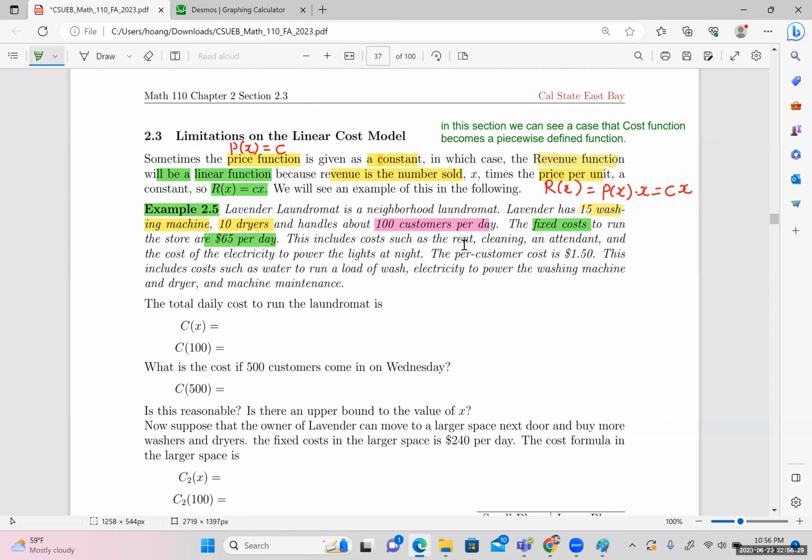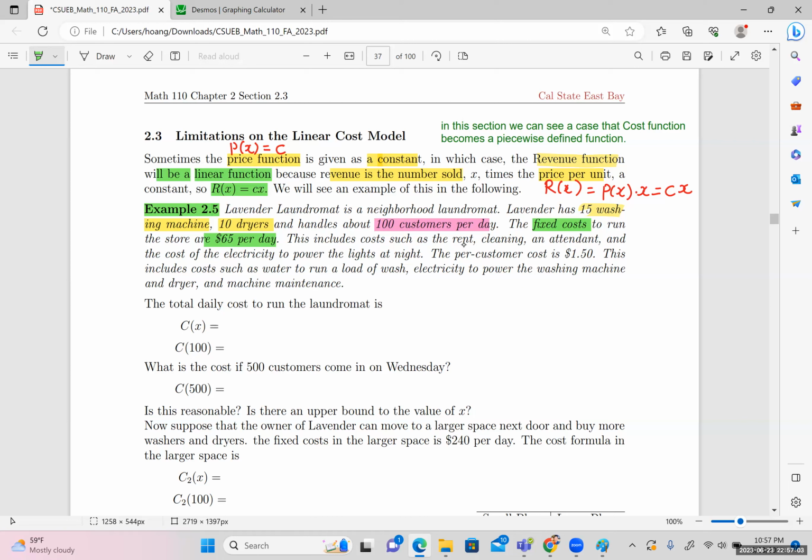So every day I pay $65 and I get 100 customers per day. What else do I have to pay? It's supposed to be the variable cost, or the per item cost. This includes costs such as rent, cleaning, attendant, and the cost of the electricity to power the lights at night. So that is a fixed cost.